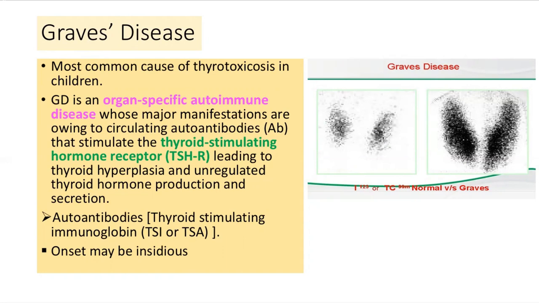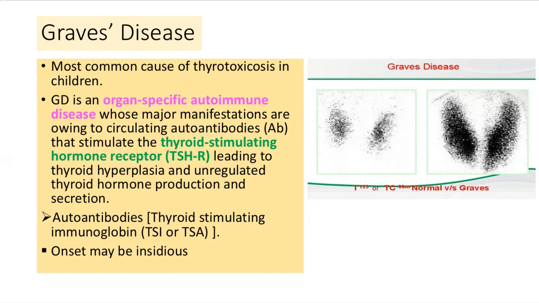There is a receptor for TSH, and the antibody attaches to it and stimulates it, leading to thyroid hyperplasia and unregulated thyroid hormone production and secretion.